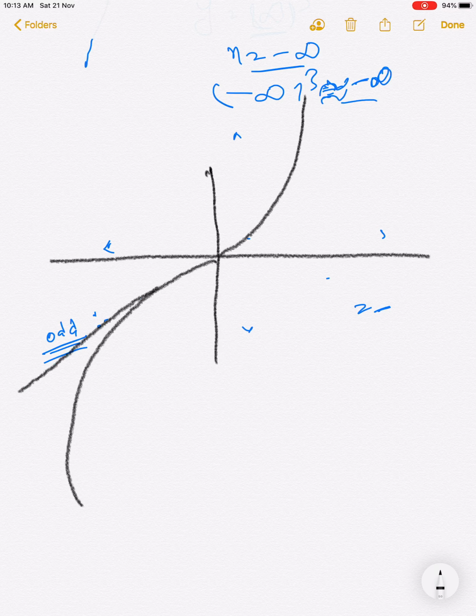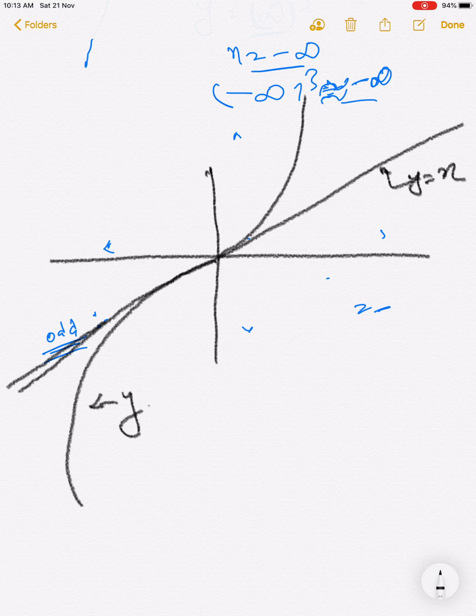I'm just drawing it by freehand. This is the y equal to x line and this is the y equal to x cube curve. So by measuring the distance, if you take y equal to 1, this distance will be equal, and after, let's say here -1, then this distance will be equal to this one.